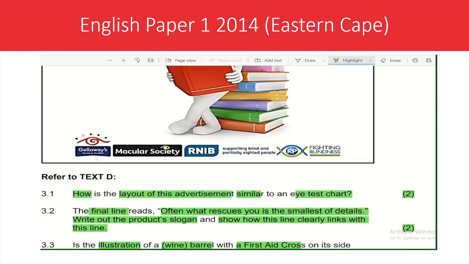It's called Galloway's Society for the Blind, Macular Society, RNIB, supporting blind and partially sighted people, and then Fighting Blindness. We could see this as companies, societies, organizations that are all trying to help people who are suffering from any type of eye disorder, and it helps them or hinders their ability to see.